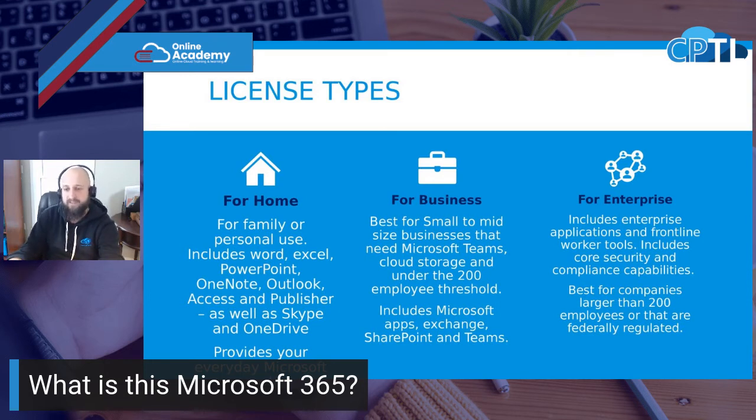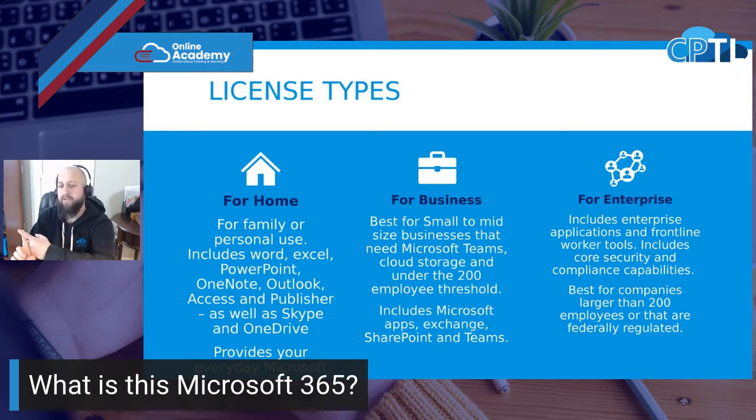Business is best for small businesses, like I said, under 200 employees. This includes Microsoft apps, lots of different applications out there, Bookings, and I believe MileIQ for tracking your miles. There are a lot of different ones that can help your business.